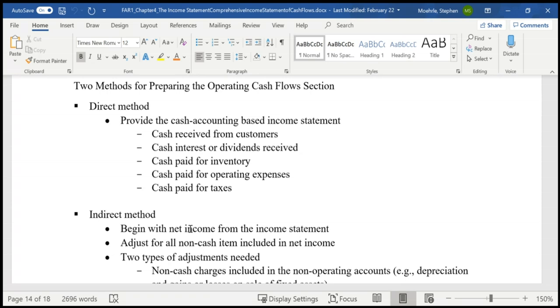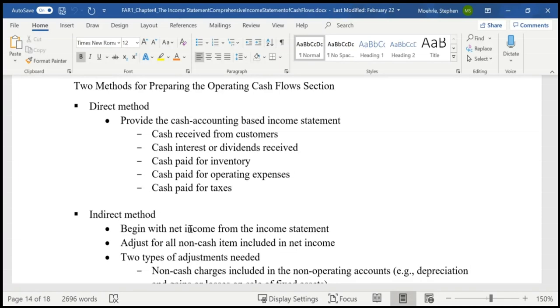Similarly, we might have received a big payment on a sale recorded the prior year in this current fiscal year. The cash interest or dividends received. Cash paid for inventory. That differs from cost of goods sold because we expense the inventory when we sell that item.